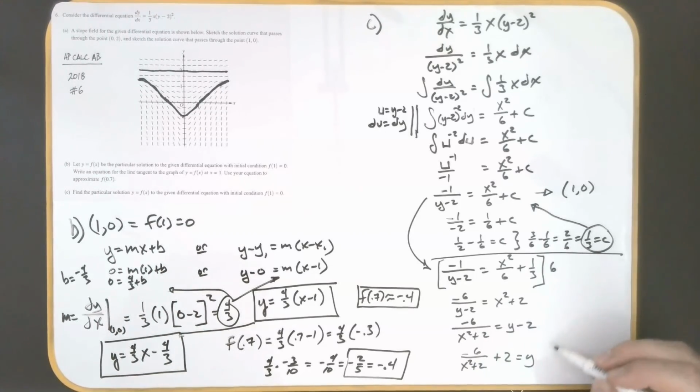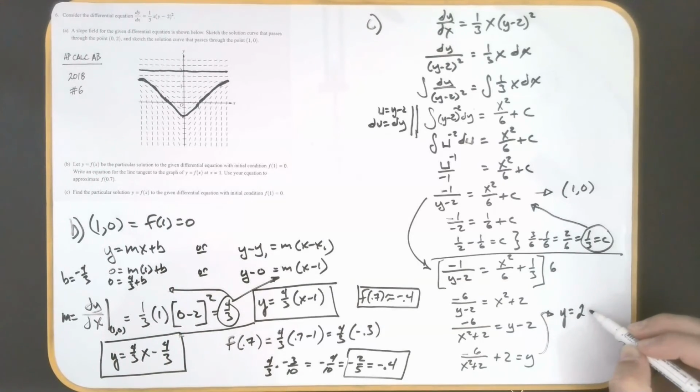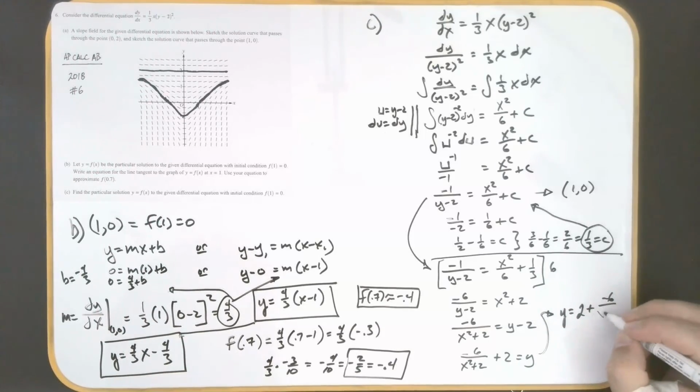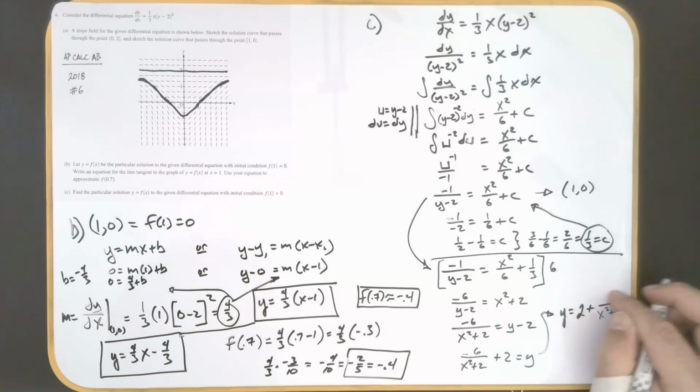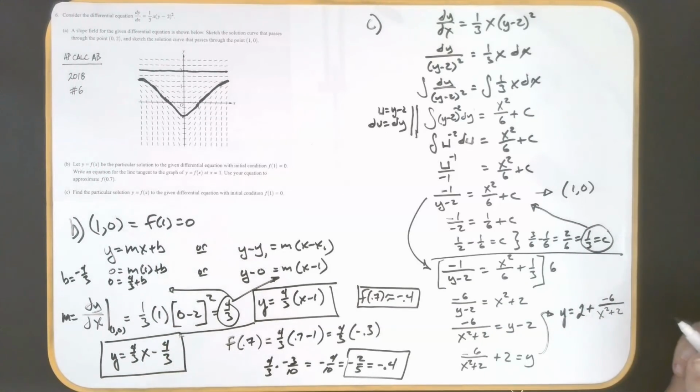Or I like to write y first, so I'm just going to say y is equal to 2 plus negative 6 over x squared plus 2. Clean that little numerator up, negative 6, there we go. And you could put the minus here and leave that plus, whichever you'd like, it doesn't matter. Okay, and that is the final answer there.